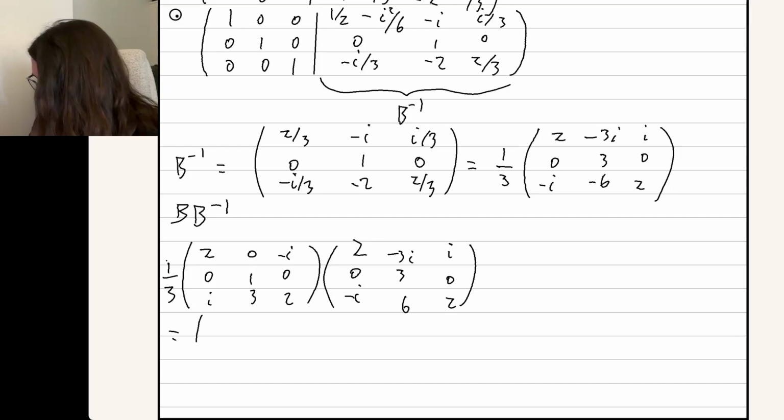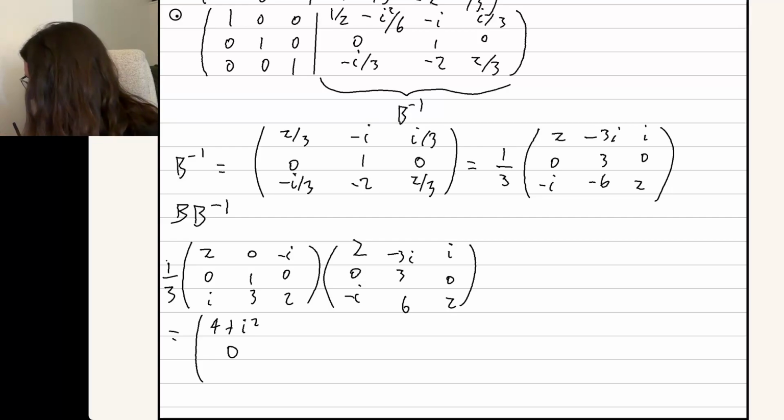So that's going to be 2 times 2 is 4. 0 times 0 is 0. Minus i times minus i is going to be plus i squared. 0 here, 0 there, 0 here.